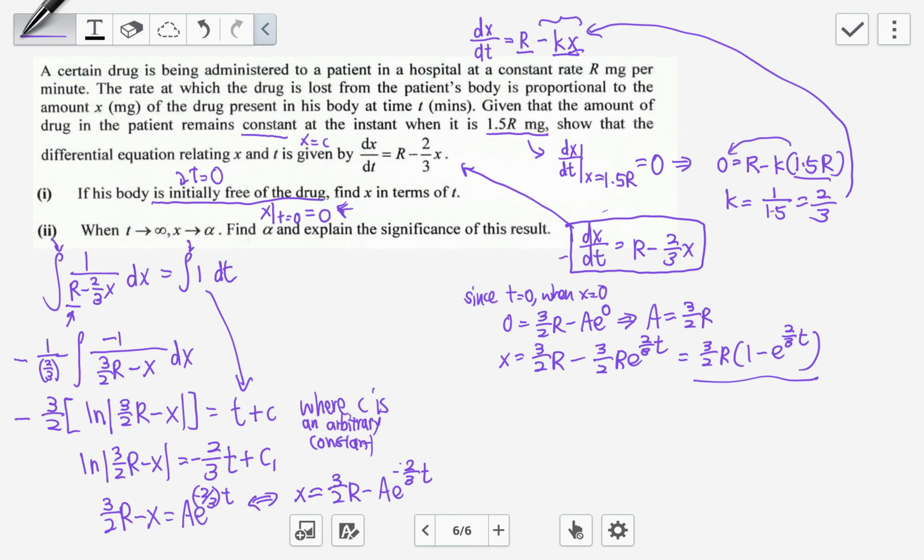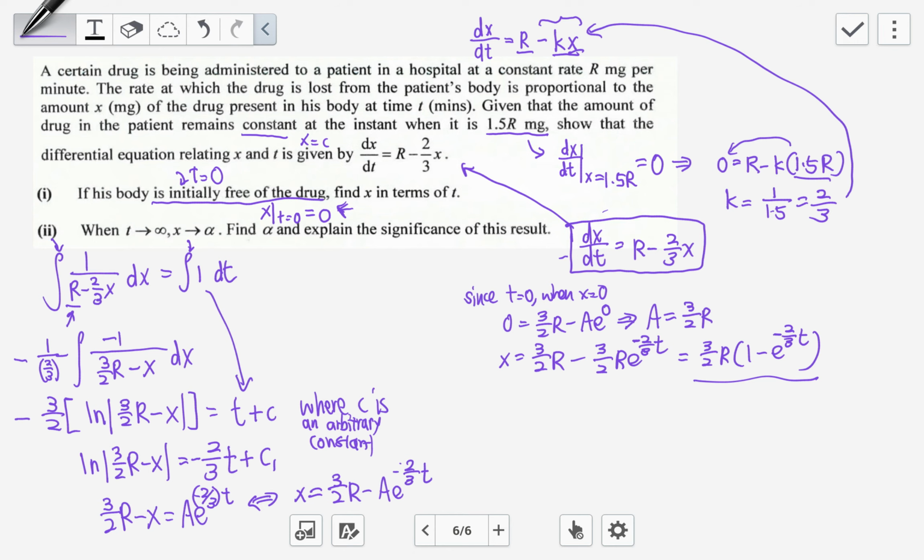Then after that, 3 over 2r minus a e to the 0. When t equals to 0, it's still 0. So a equals to 3 over 2r. So x equals to 3 over 2r minus 3 over 2r e to the minus 2/3 t. Then I factorize out 3 over 2r, there should be a minus here as well.